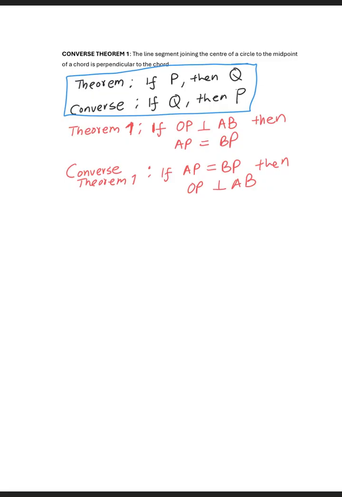So these are if and only if statements. Now we can get into it and talk about the converse. I have the same circle, and a center O, and a chord. In this case, we have APB.